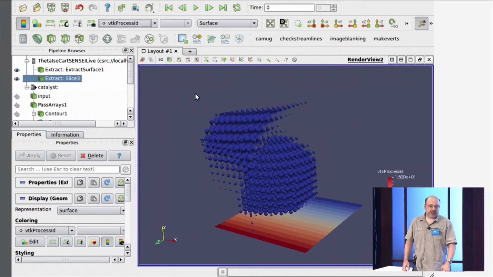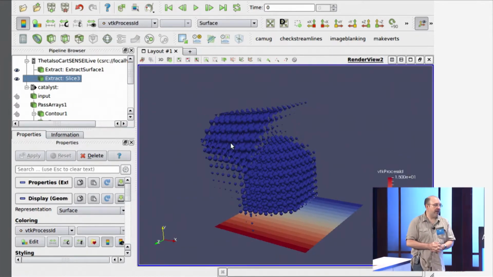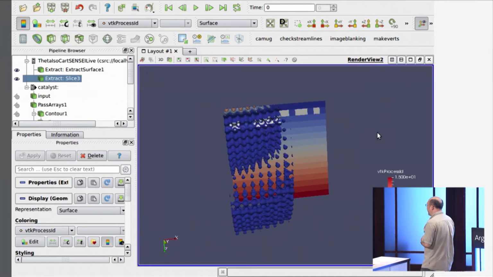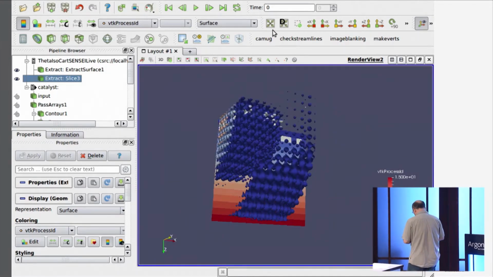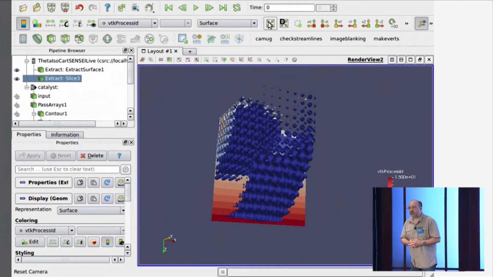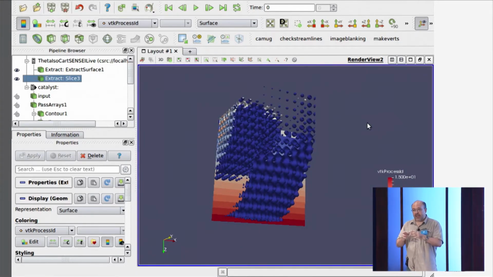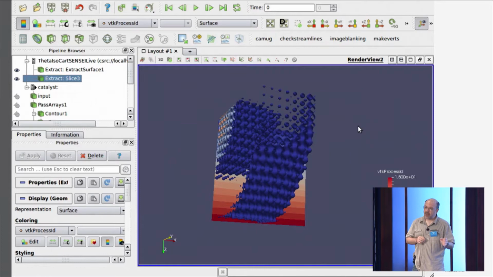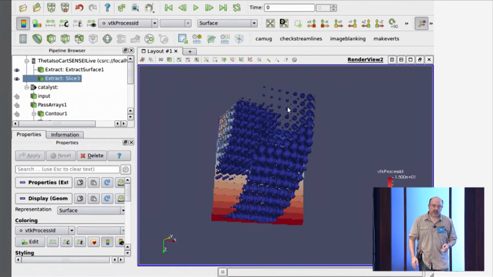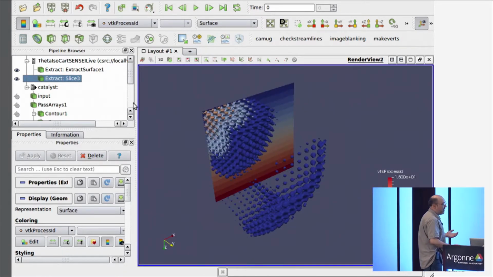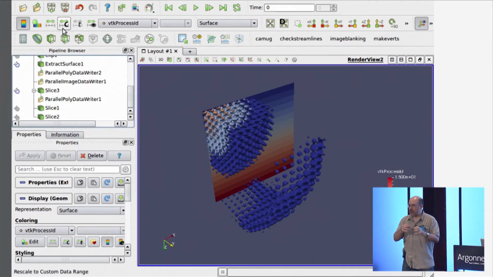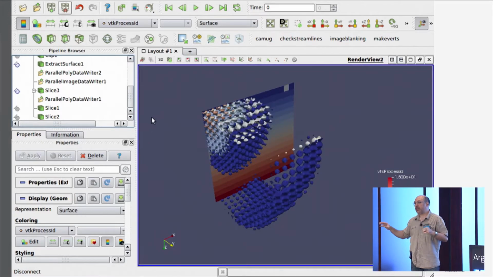Yes, so the question is whether the visualization and analysis will run on the same resources. Yes, that is what we know as proper in situ. You need to allocate some memory and resources for the analysis and visualization on the same nodes. There's an alternative that we call in transit, which means you copy the data and move it to another resource.